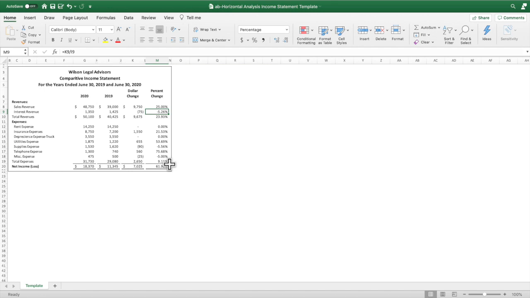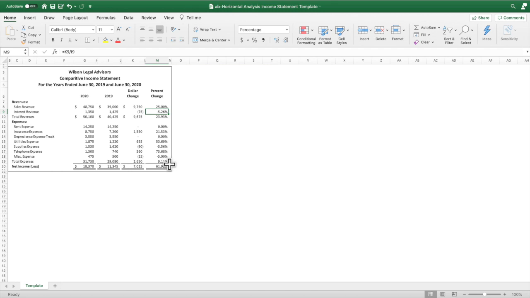So you could do an income statement on competitors to see how your numbers compare to the competitors' numbers. So this is the horizontal analysis of the income statement. This is how you complete it.